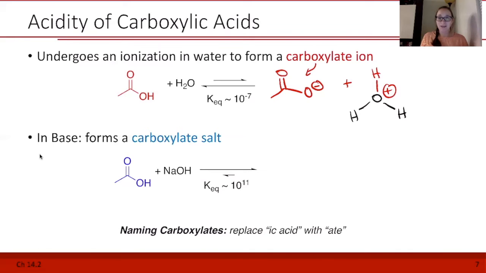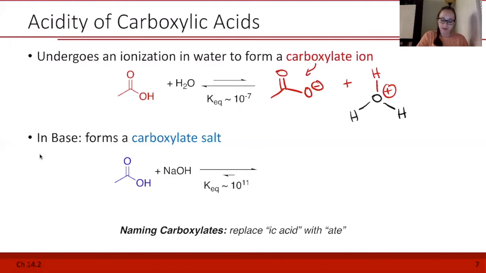In order to make this a more favorable process, what you can do is put it in base. And so if you add something like sodium hydroxide, so that's like water, but without a proton, right? You're taking one proton away and you're making it hydroxide, which is basic. That will drive the equilibrium towards the product.